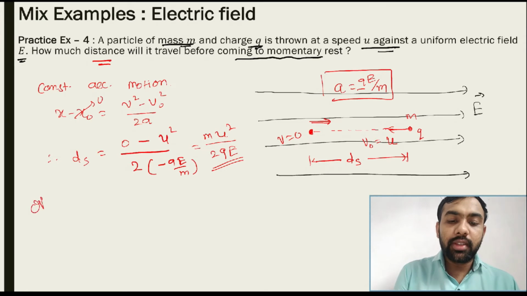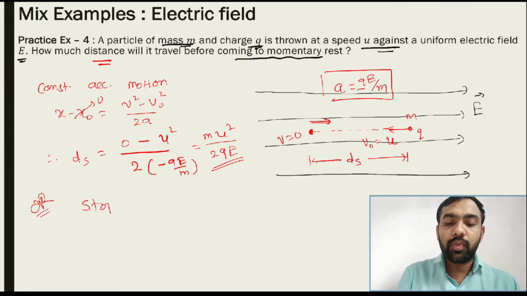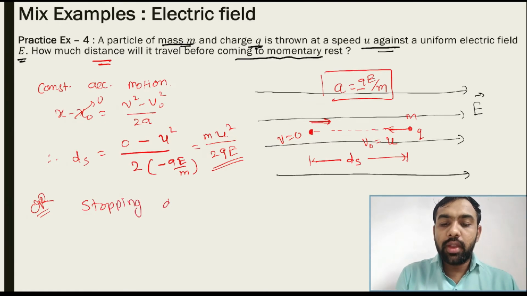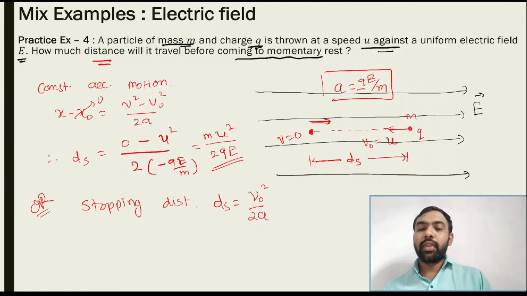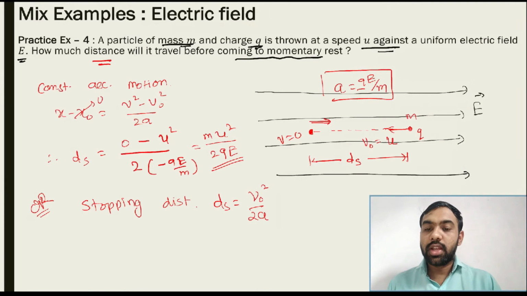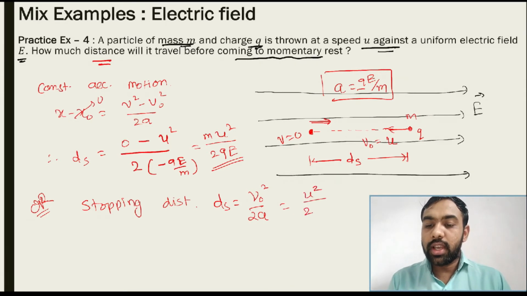Or the second method: this is exactly the equation of stopping distance. So use this equation, stopping distance ds is equal to v naught square upon 2a. This is the standard equation of stopping distance. So what is v? Initial speed u, squared, and 2. What is a? qE by m.